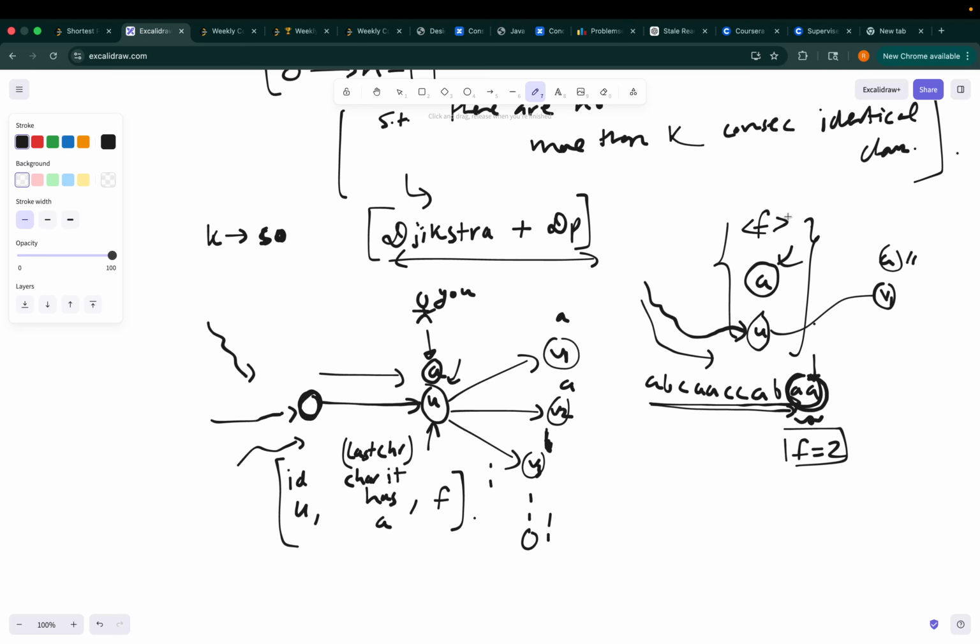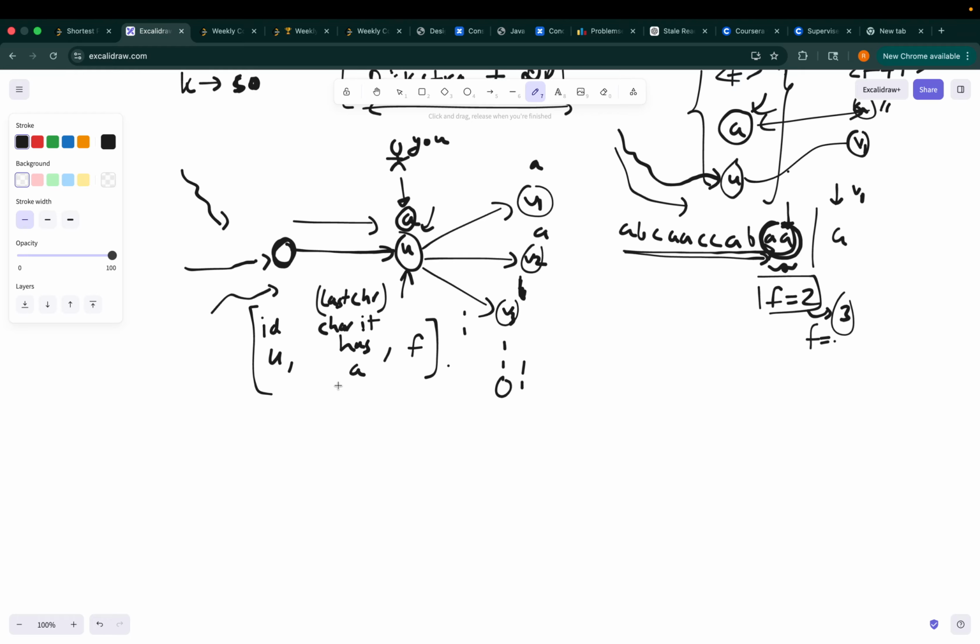So from F, you're trying to go to F plus 1, because both these last characters match. Both of these are A's. And this is V1. So in this case, you're trying to go to F equals 3. Okay.